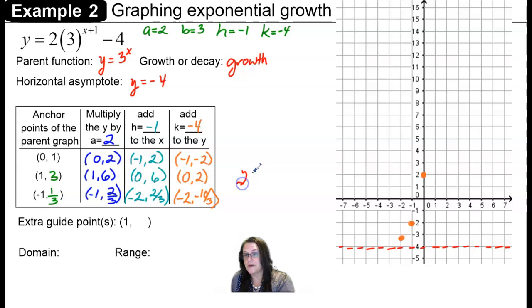So 2 times 3, and then that's to the 1 plus 1 power, minus 4. Okay, 3 to the 1 plus 1 power would be 3 squared, which is 9. And then 2 times 9 is 18.